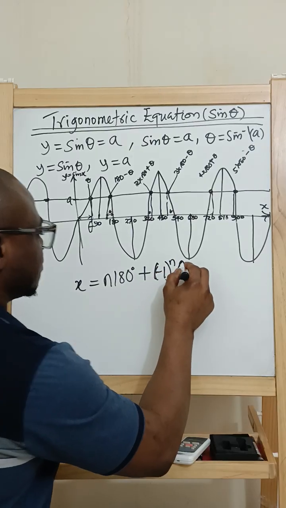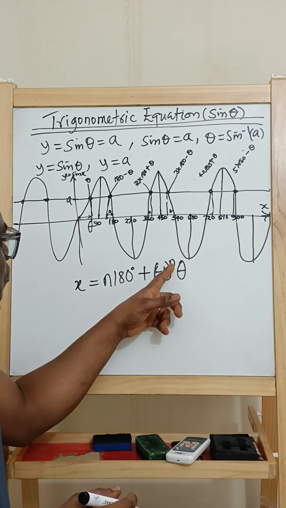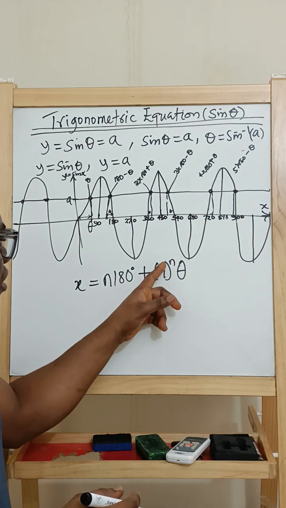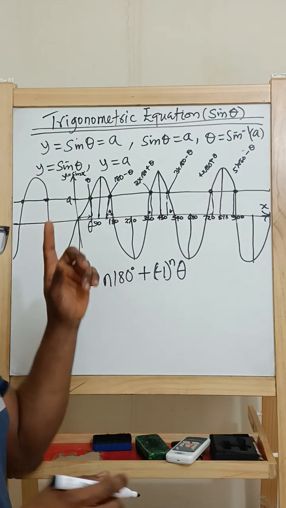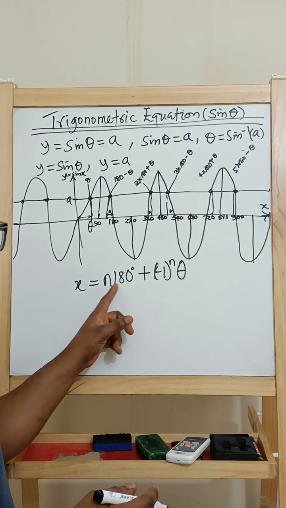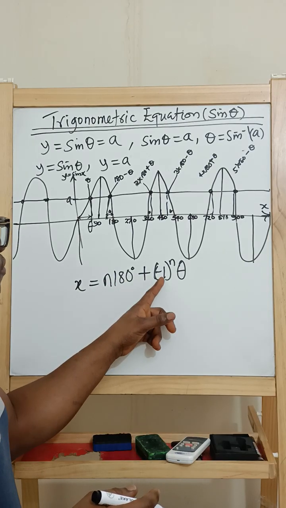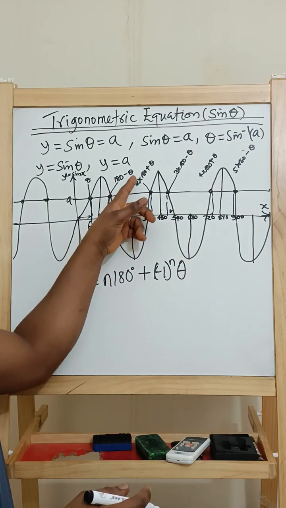Then times theta. Which means when n is 0, this will be 0 and everything will be 1. We only have theta, which represents this. When n is 1, this will be 180, and of course this is going to be minus 1 times theta. That is 180 minus theta.